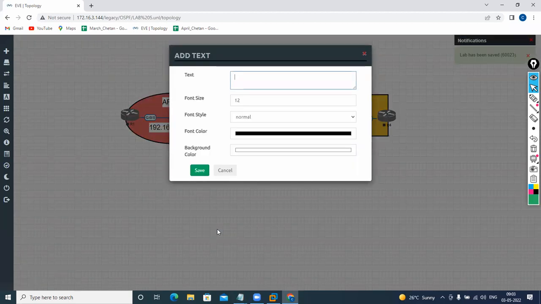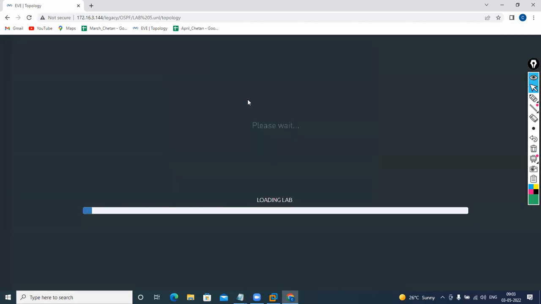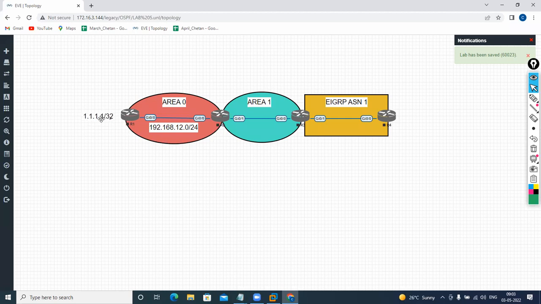So R1 has a loopback, /32. R4 also has a loopback, 4.4.4.4.